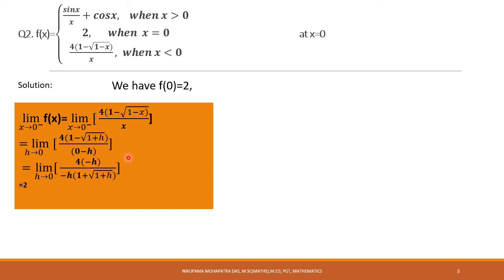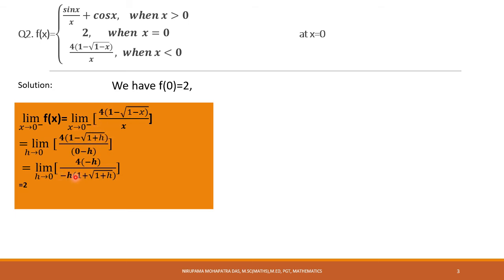I hope all of you know how to evaluate left hand limit and right hand limit, so I have used the same procedure here. Limit h approaches 0, 4 times 1 minus under root 1 minus of 0 minus h. It means we are getting 1 plus h, and this x is 0 minus h. Now we are rationalizing the numerator again.